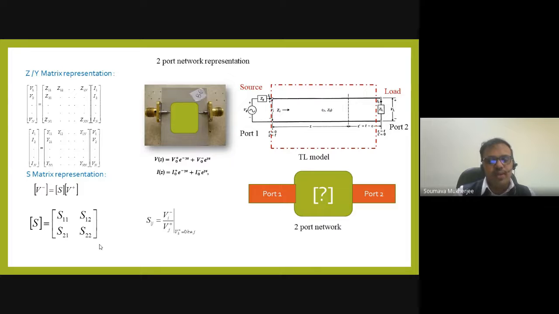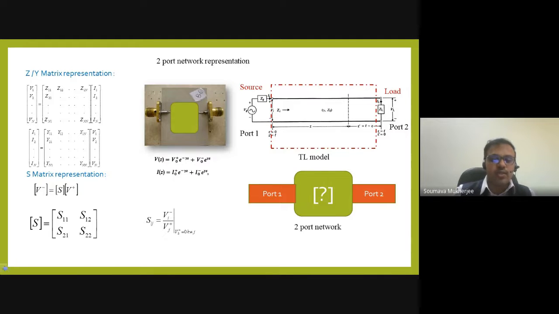So the definition is like this: Sij will be Vi minus by Vj plus, provided Vk plus equals 0 when k is not equal to j. What does it mean? So it is the ratio of the reflected voltage wave coming from the ith port to the incident voltage wave entering into the jth port, provided the incident voltage waves at all other ports, k ports, are 0.